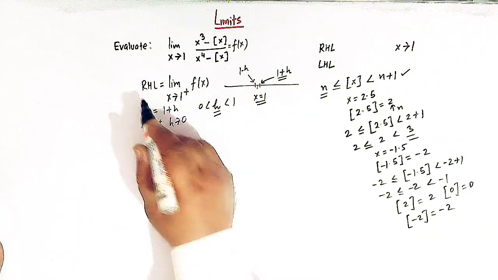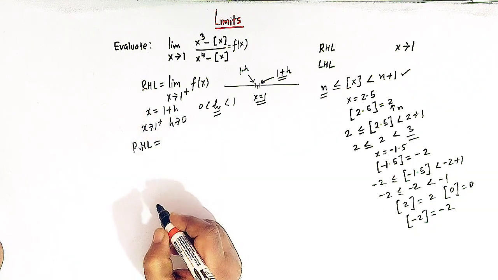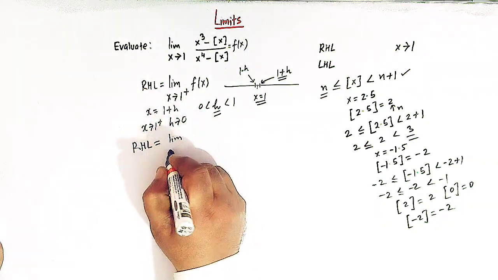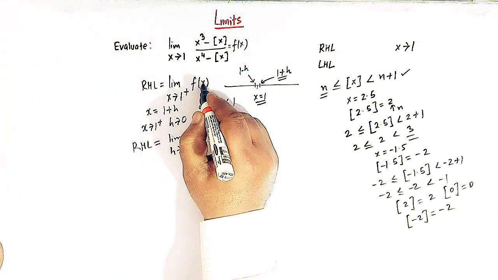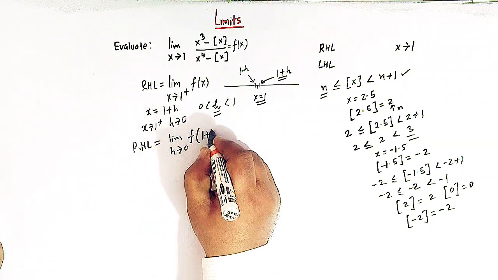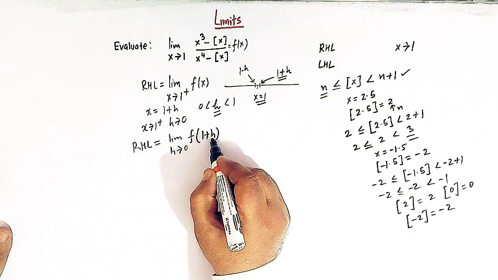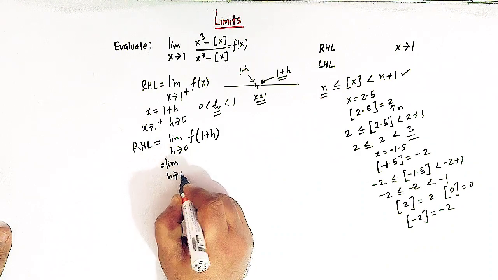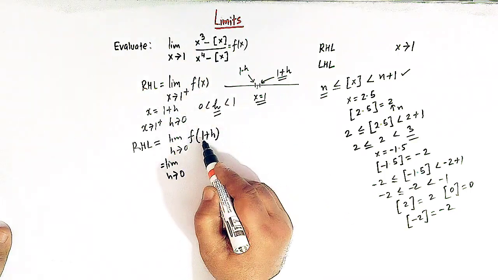Writing this limit in terms of h, the right hand limit is limit h tends to 0 of f of 1 plus h, which we obtain by replacing x by 1 plus h.